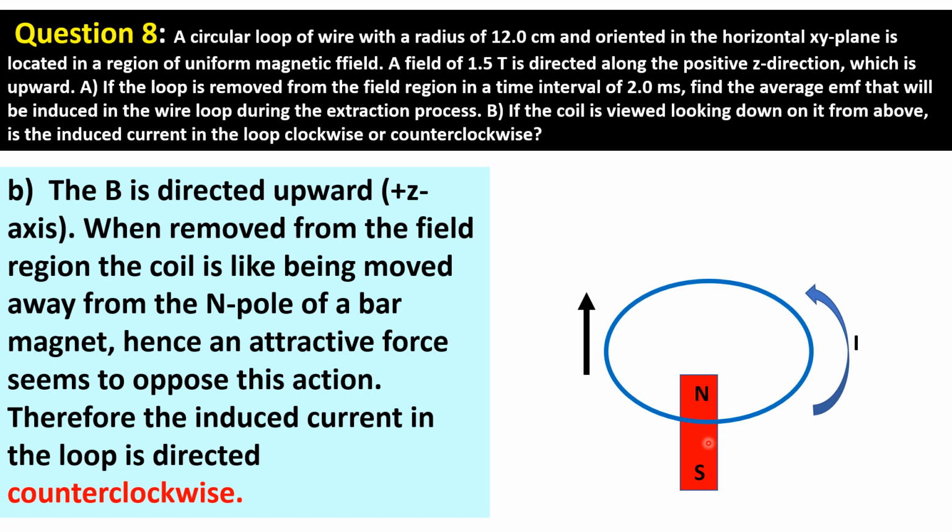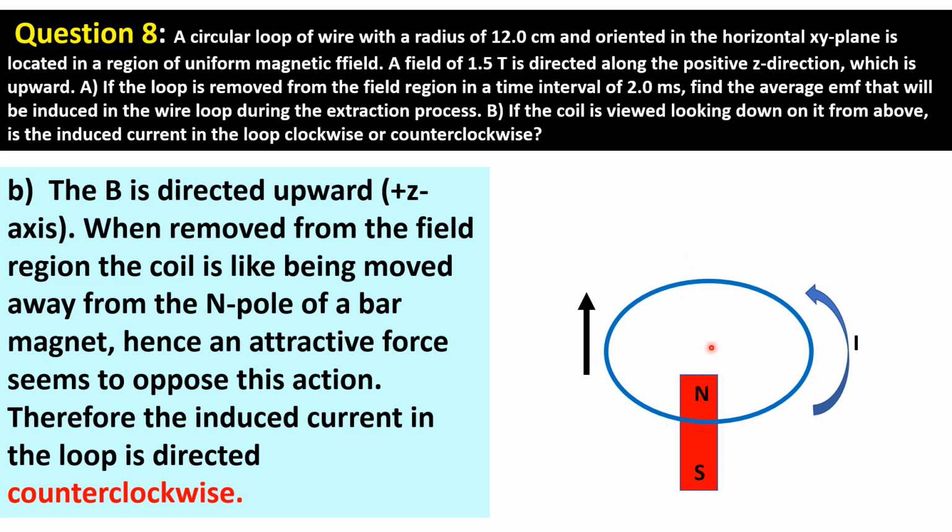You see? That's where Lenz's law comes in. Lenz's law states that there must be some kind of opposing force between the bar magnet and the coil. Since you are moving the coil away, it is as if the bar magnet is trying to prevent the coil from being moved upward.